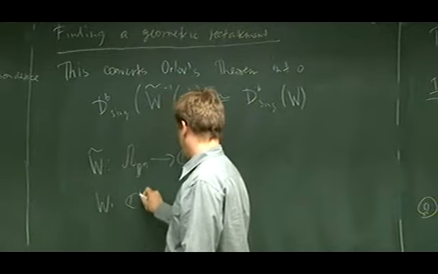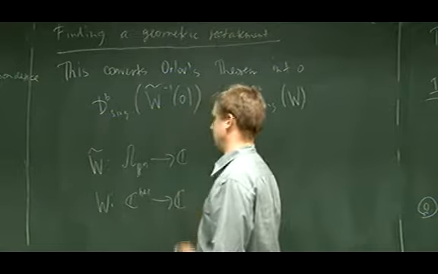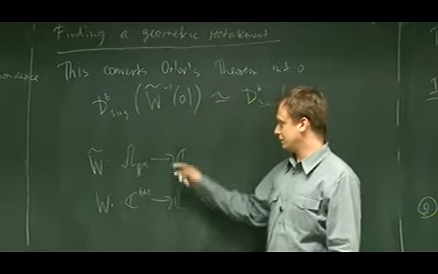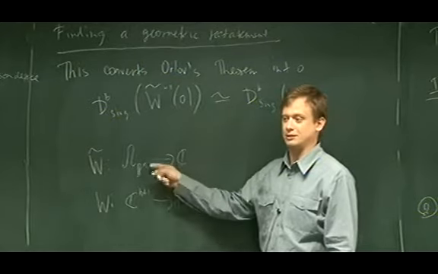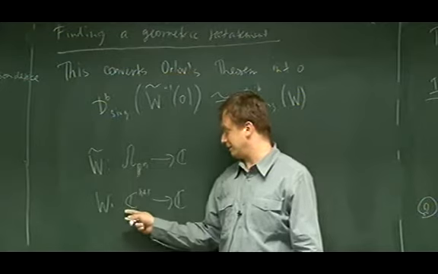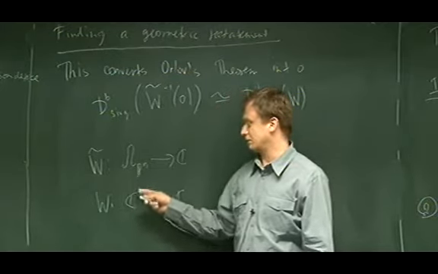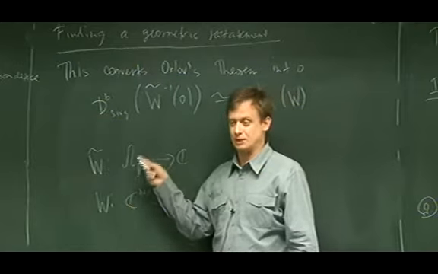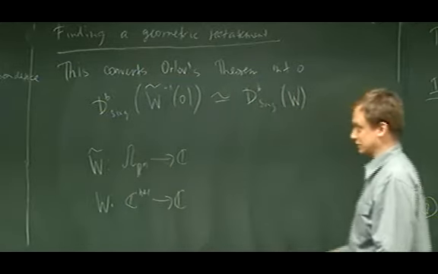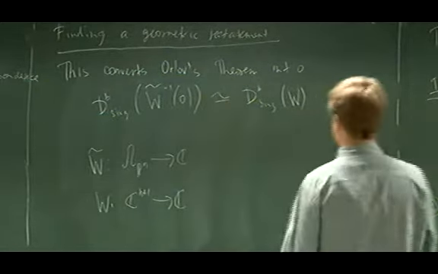It was a function on C n plus 1 with values in C. So these things aren't quite the same space. The function is really more or less the same because it's given by a degree n plus 1 polynomial. It's just that you use this polynomial in different ways to obtain functions on different spaces. Now, how do we relate one to another?